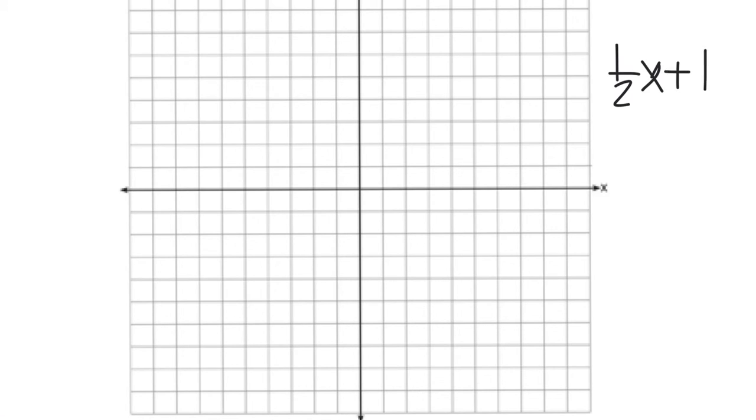So for example, if x was 0, our y value would be 1. If x was 2, our y value would be 2 as well. Well, in fact, we can graph this by knowing that the slope is 1/2 with a y-intercept of positive 1. So essentially, we're going to rise 1 and move 2 to the right each time.